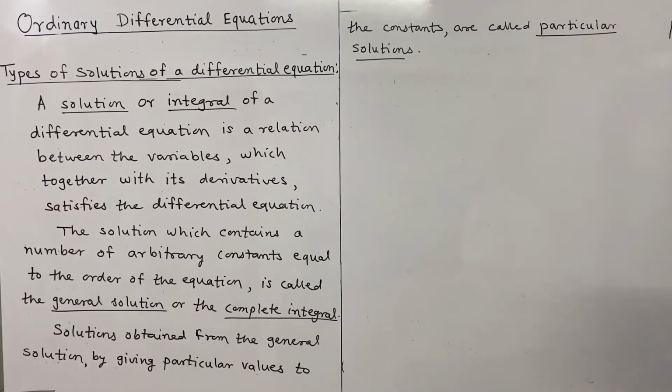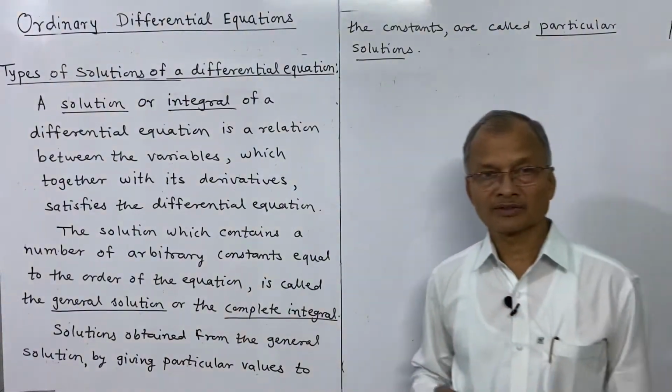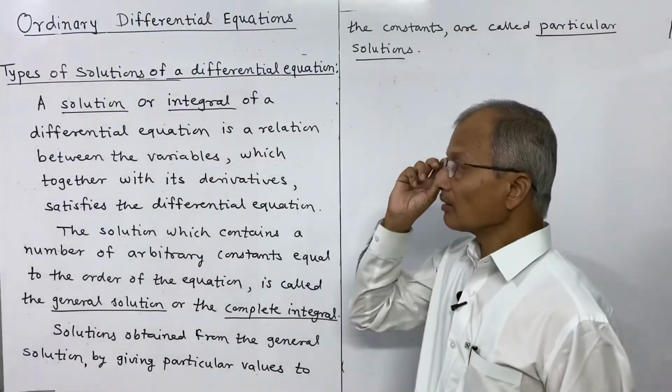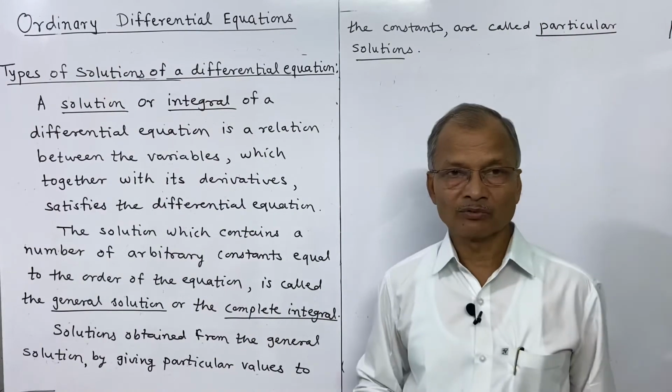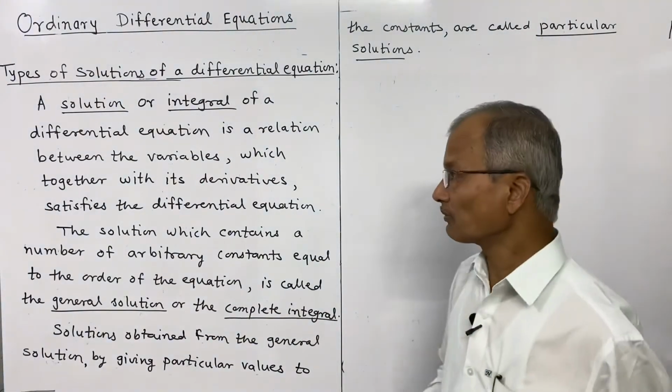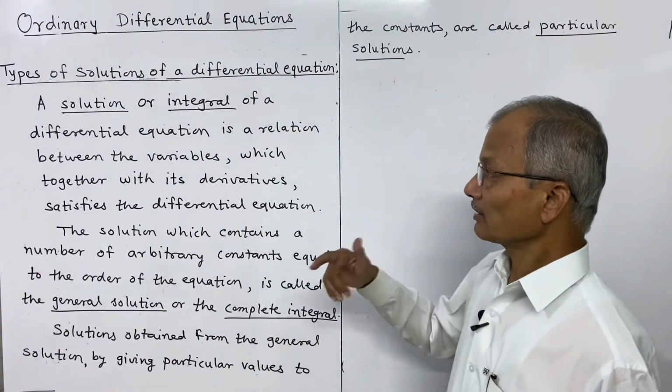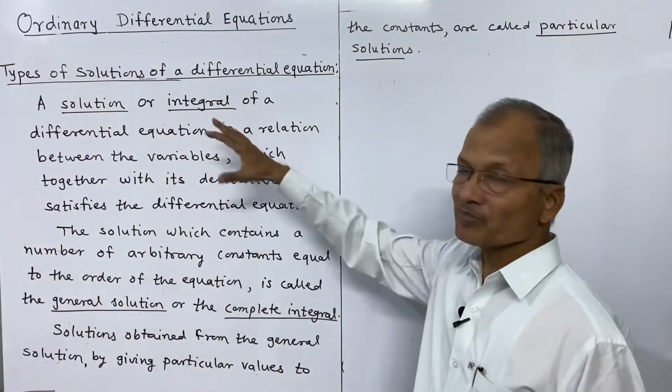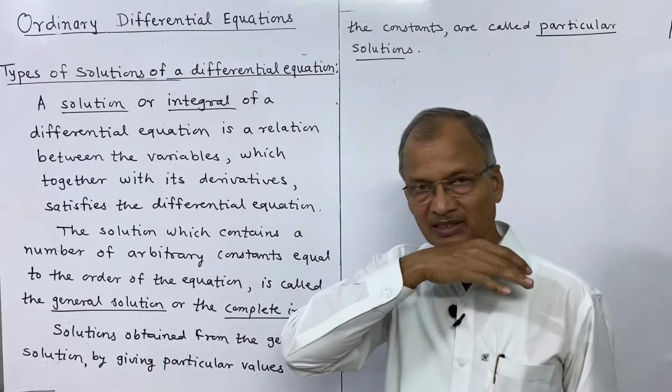Now we shall see types of solutions of a differential equation. First we shall see the meaning of solution. Which relation is called the solution of a differential equation? A solution is the same as for an algebraic equation.